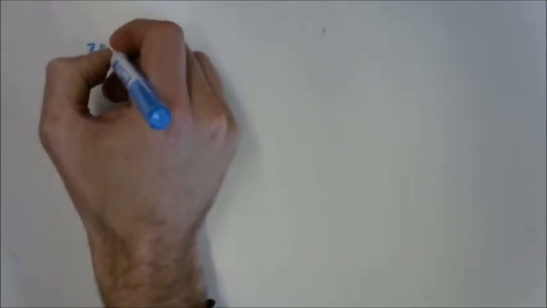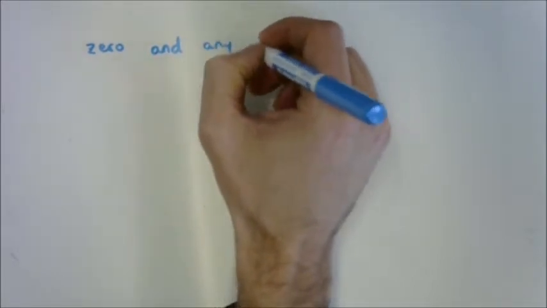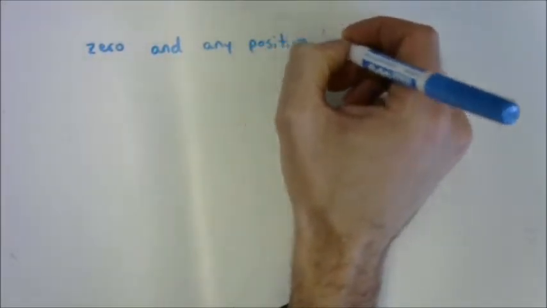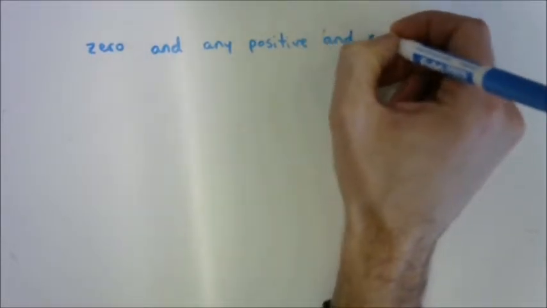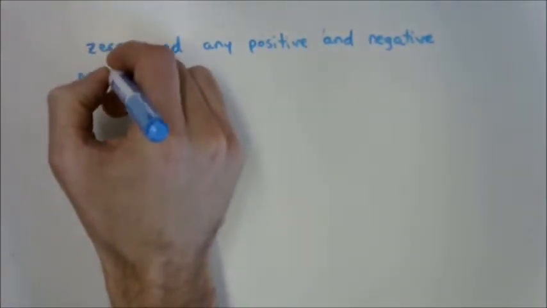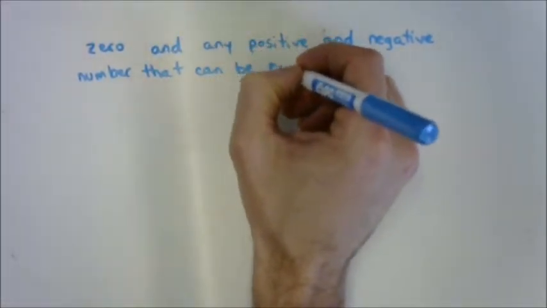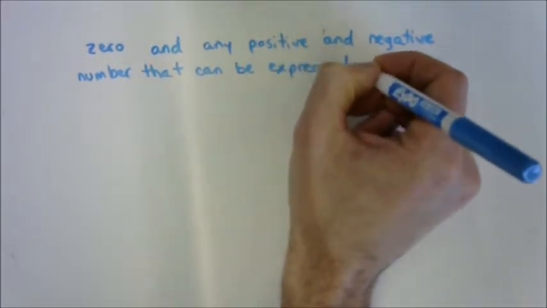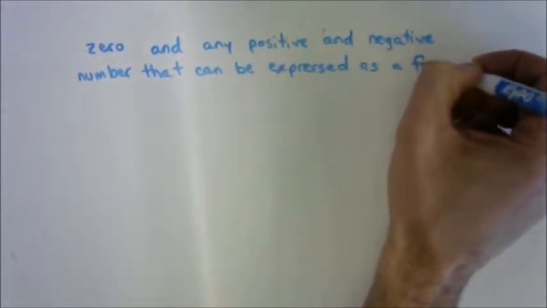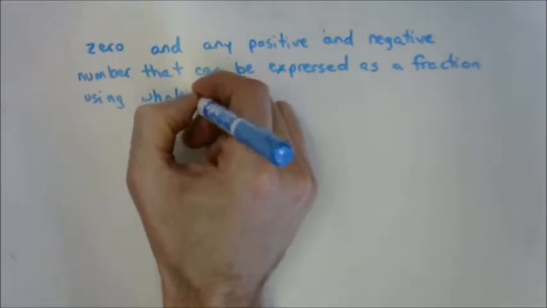So, your little sentence there: Rational numbers are the group of numbers that include 0 and any positive and negative whole number that can be expressed as a fraction using whole numbers.